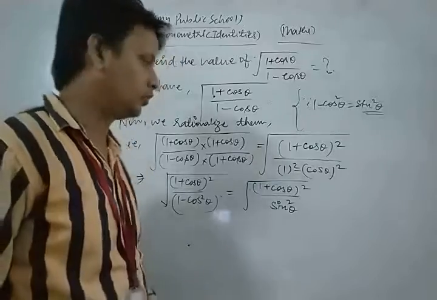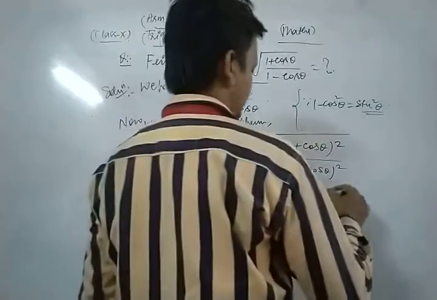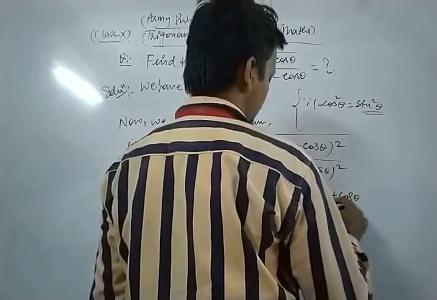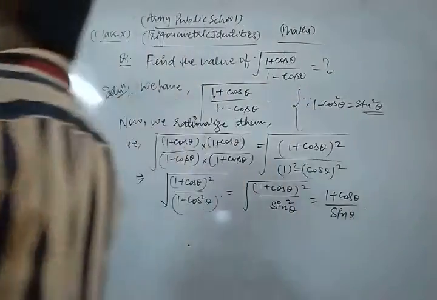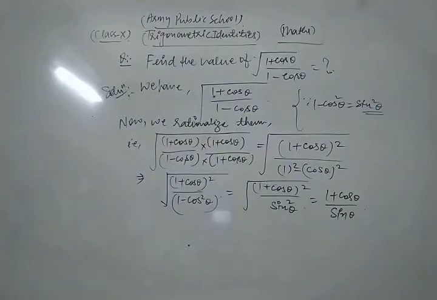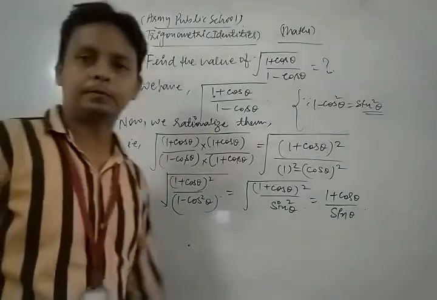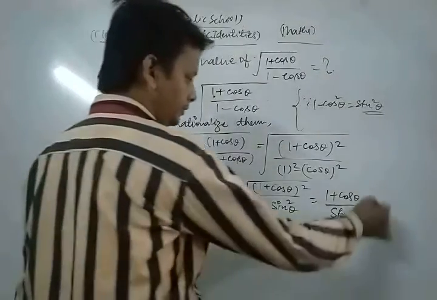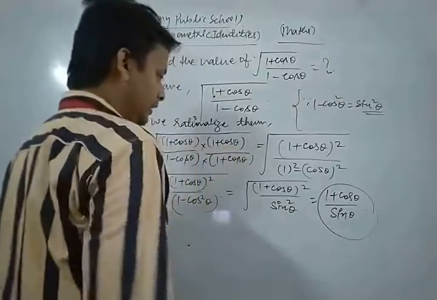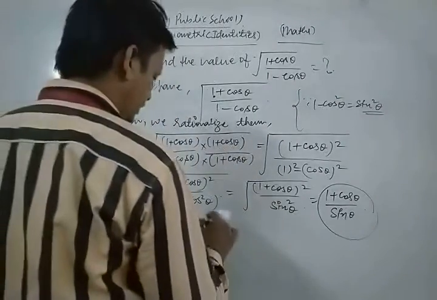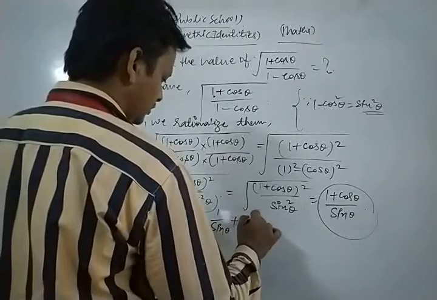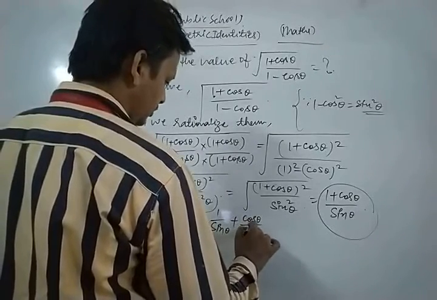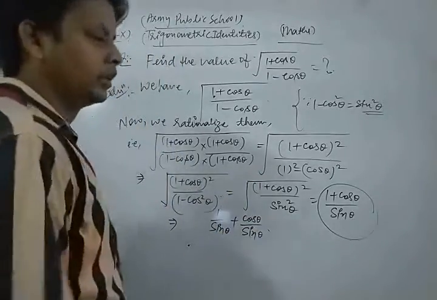So we get 1 plus cos theta upon sin theta. Now, dear students, separating them, we get 1 upon sin theta plus cos theta upon sin theta.